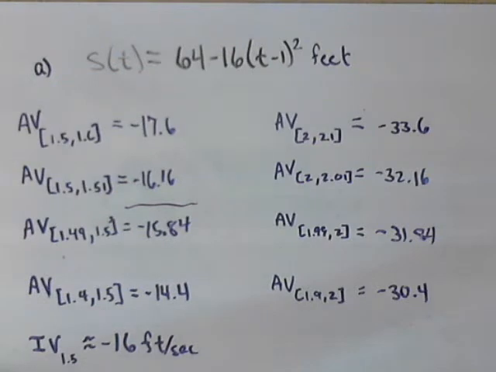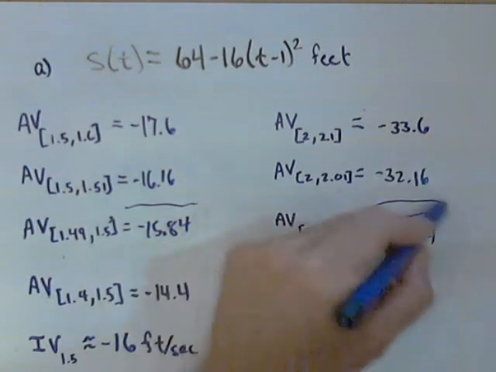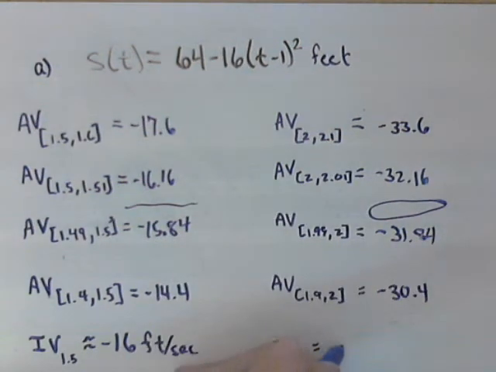So we're doing average rates of change to help us estimate an instantaneous rate of change. So the instantaneous velocity at 2 is going to be, we look at right in between here, what would be right in between those? Looks like they're both converging to negative 32 feet per second. We're going to see with calculus how we can compute those exactly a little bit later this semester.